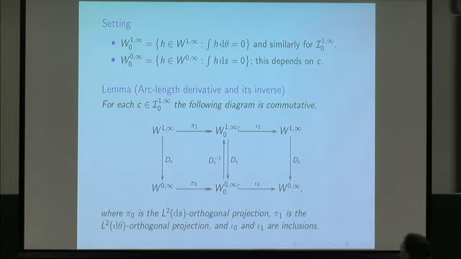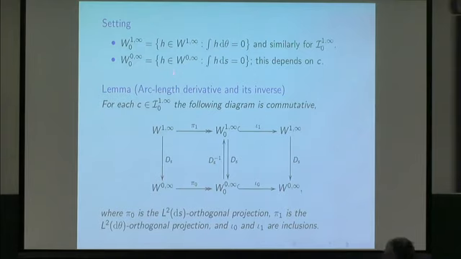Now, the setting is the following. We look at W^{1,∞} mappings which have center of gravity, and this is not with respect to arc length, equal to 0, and similarly for the immersions. And then we take those which are only in L^∞, and we take center of gravity with respect to the arc length on c.